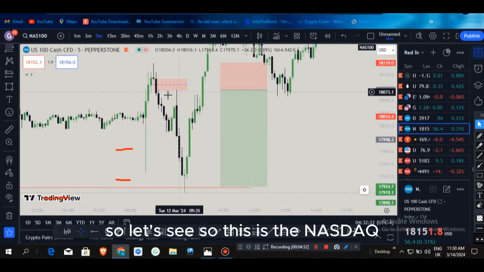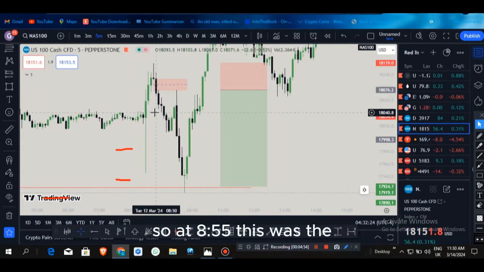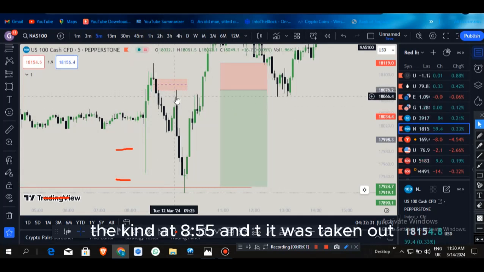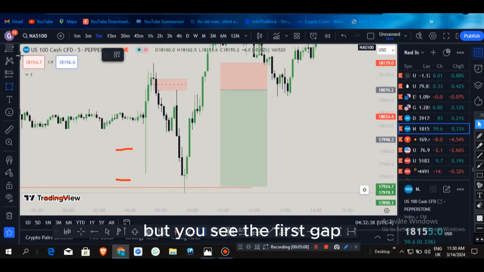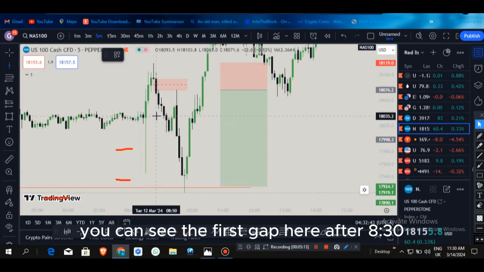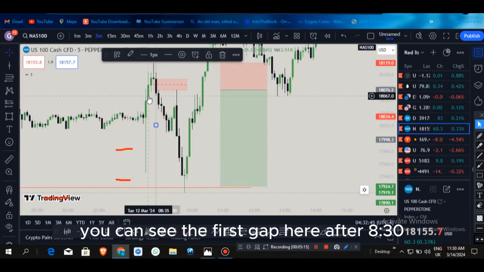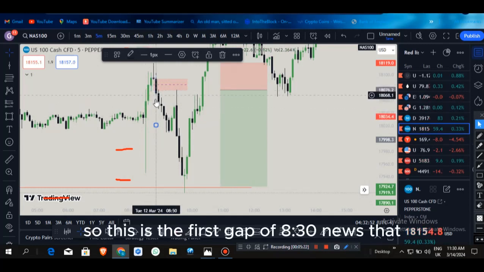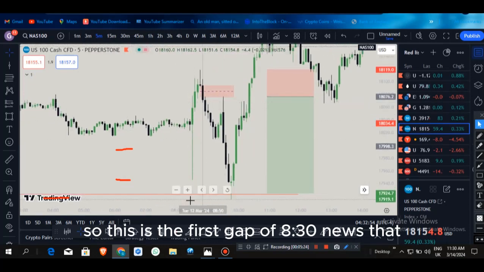So this is the Nasdaq. At 8.55, this was the candle at 8.55, and it was taken out. But you see the first gap here, after 8.30. So this is the first gap of the 8.30 news.